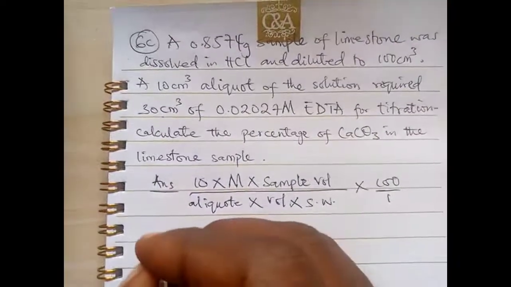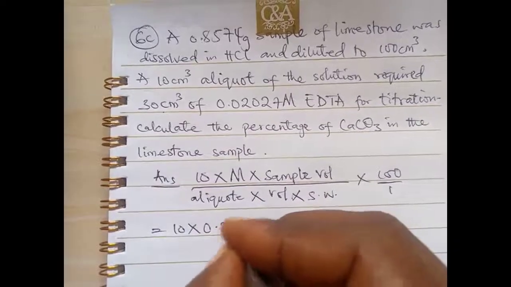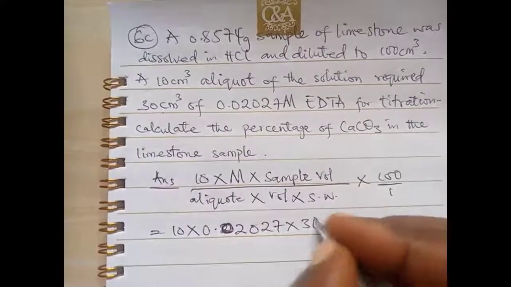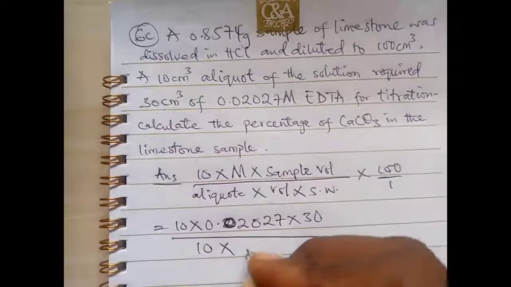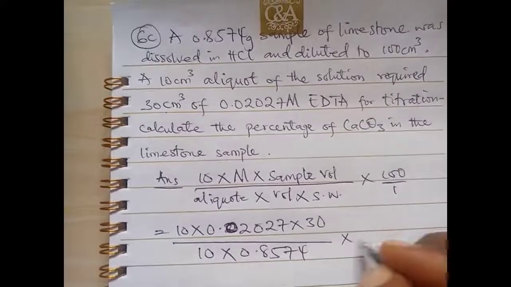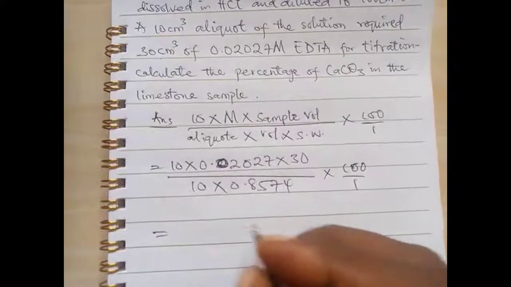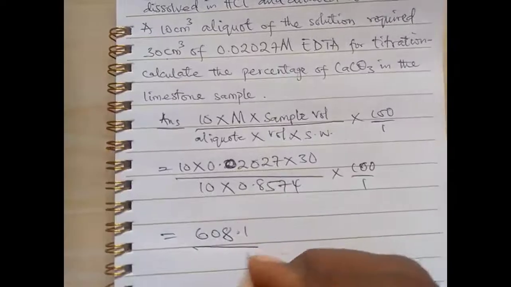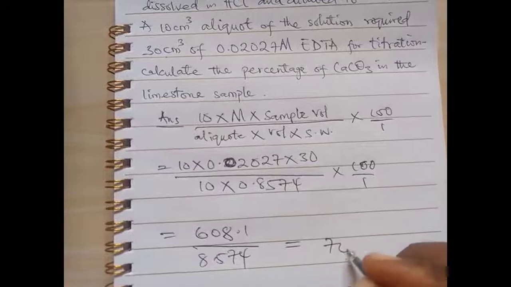So what we have is 10 times 0.02027 times 30, over 10 times 0.8574, times 100 over 1. What we'll get is 60.81 over 8.574, which is 70.9%.